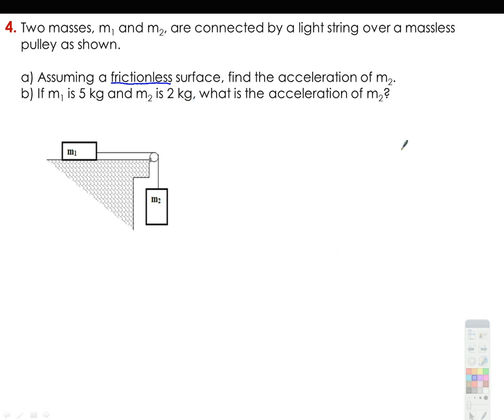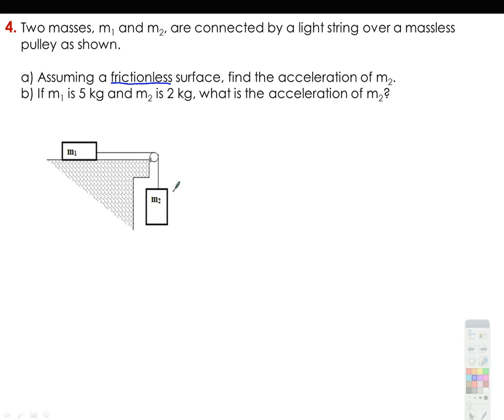Here I asked what is the acceleration of M2, but since it's frictionless, we're assuming that the pulley is massless, the string is massless also, and there is no friction on the pulley. We can say that the acceleration of M1 and M2 is the same, so it doesn't matter which one we calculate. We're just going to have one acceleration.